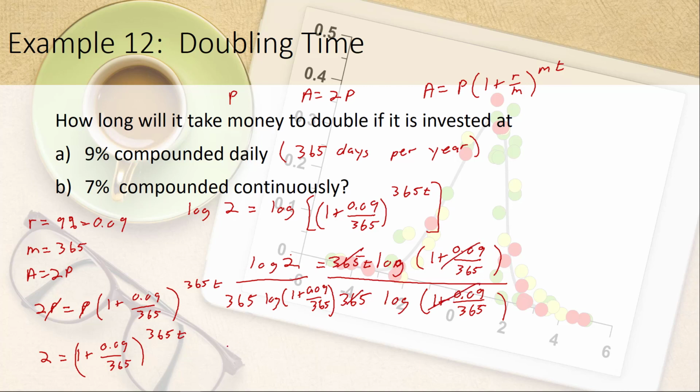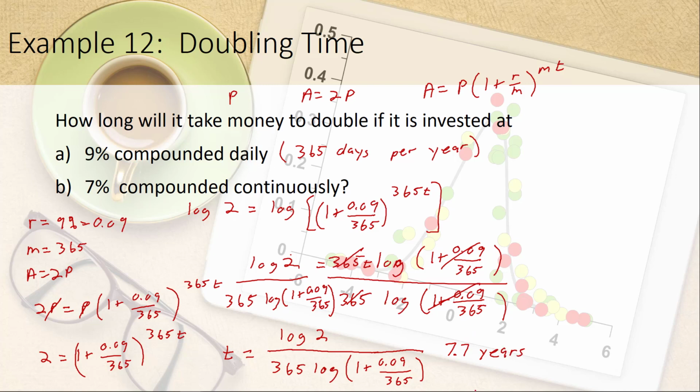The only thing I have left will be a T. And then over here I have the common log of 2 divided by 365 times the common log of, you guessed it, 1 plus 0.09 divided by 365, and that will be equal to 7.7 years.